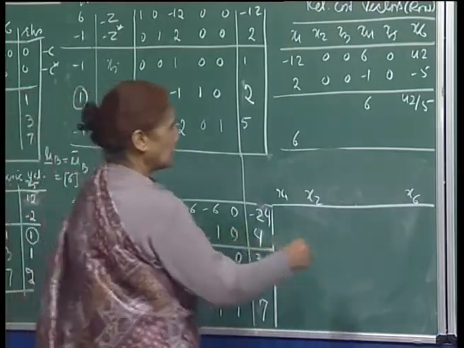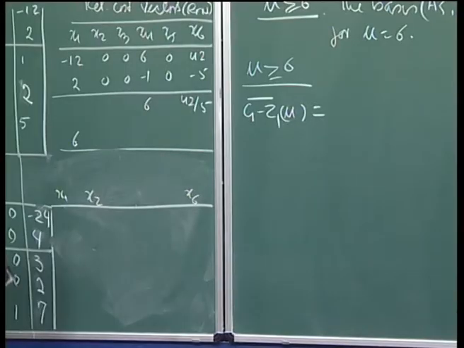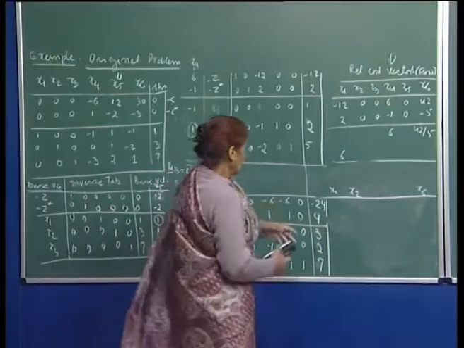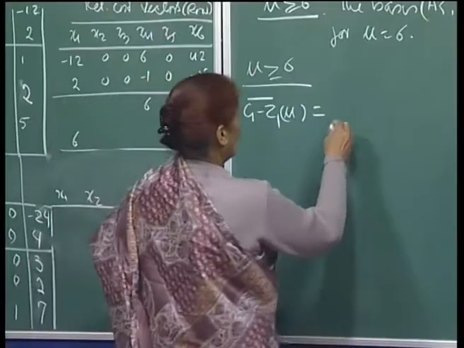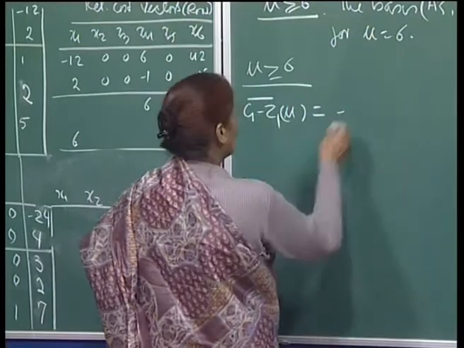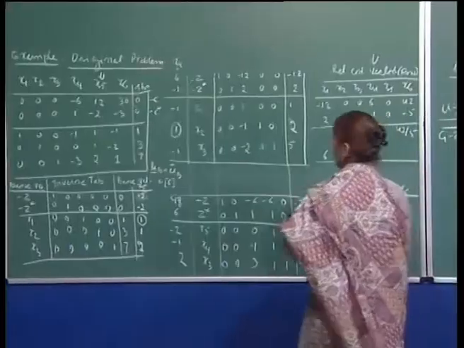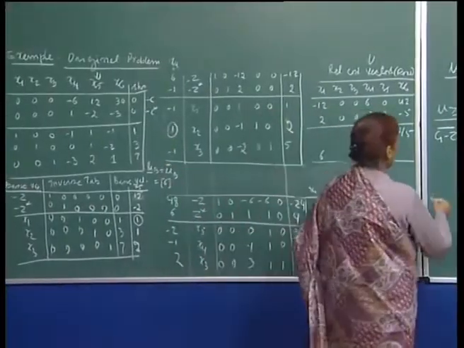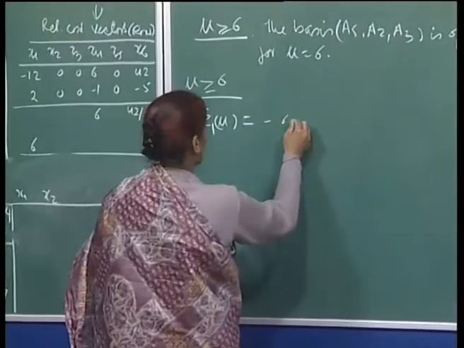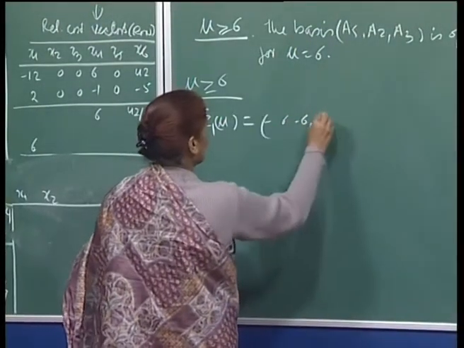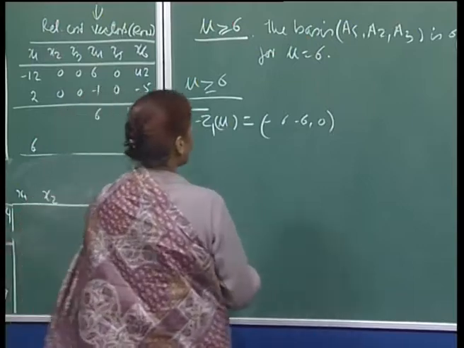And so this is your thing. So what is your C1 minus Z1 bar, this function of mu? Okay. So what is it? So this would be minus 6. What is your C1? C1 is 0. So this will be simply minus 6, 0 times A1, which is 1. So this is minus 6.